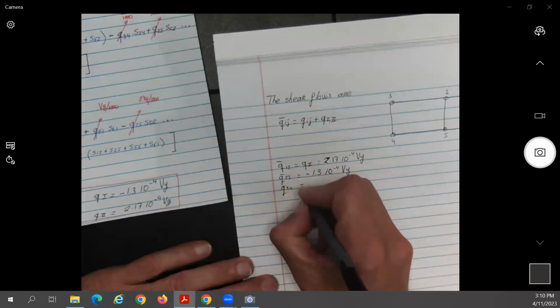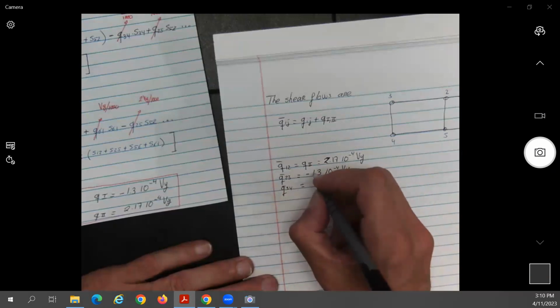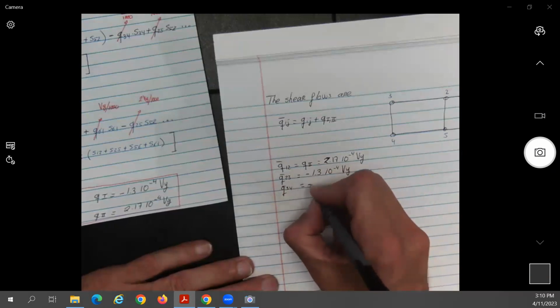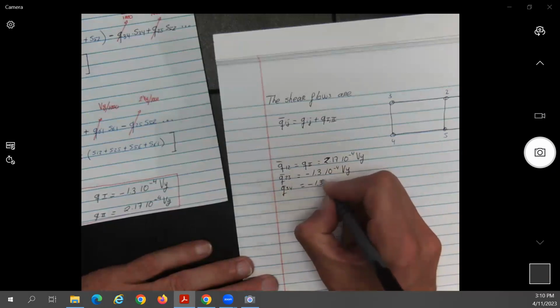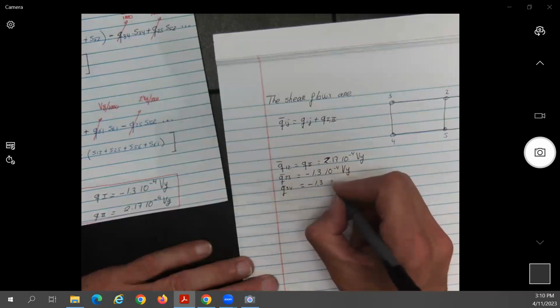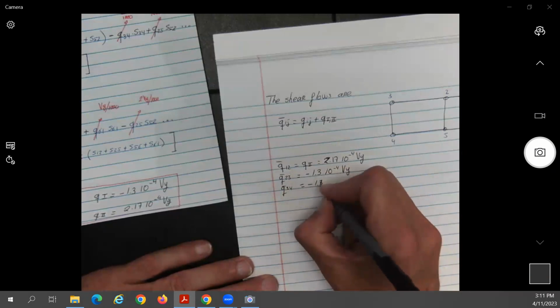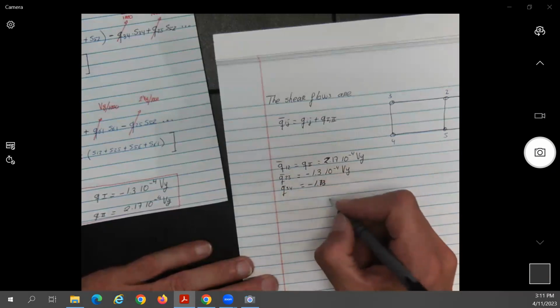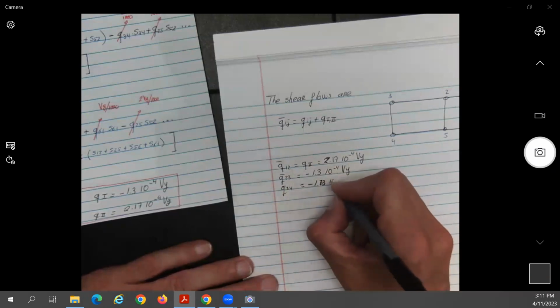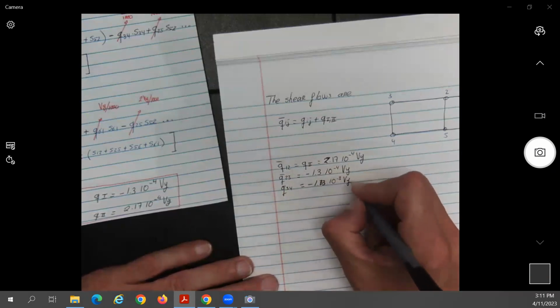Q bar 3, 4 would just be equal to negative 1.13, sorry, negative 1.13 10 to the minus 3 Vy.